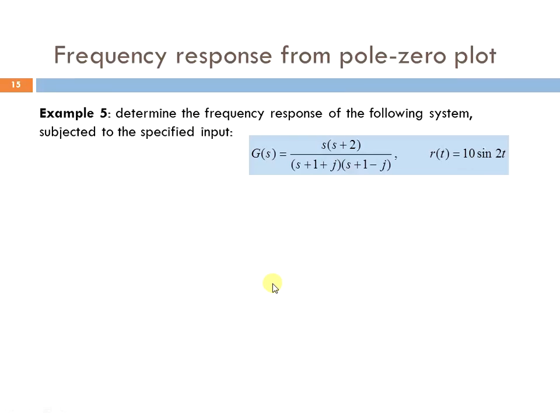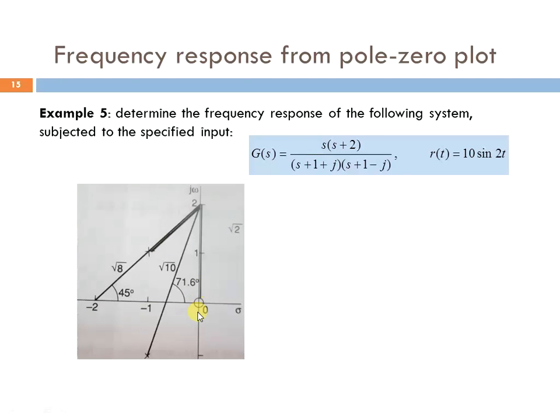In line with the procedure outlined in the previous slide, we begin by drawing straight lines from each of the poles and zeros of the system to the value 2, which corresponds to the input frequency of this. Then we determine the magnitudes of each of the lines, as well as the angles that they make with the positive real axis.